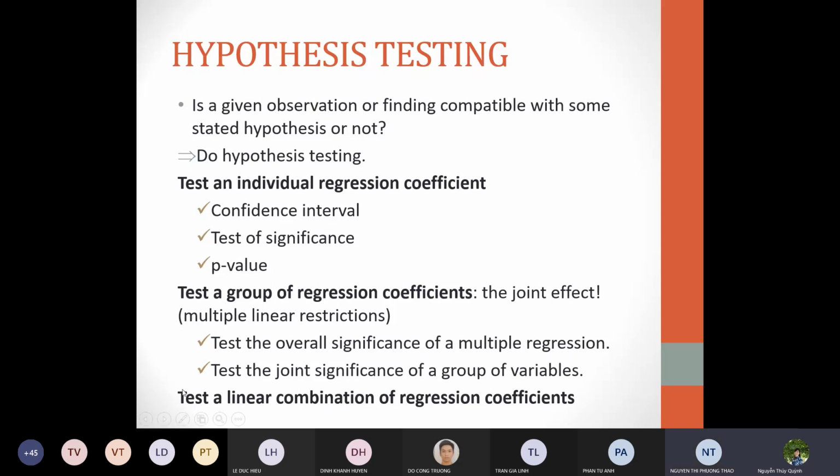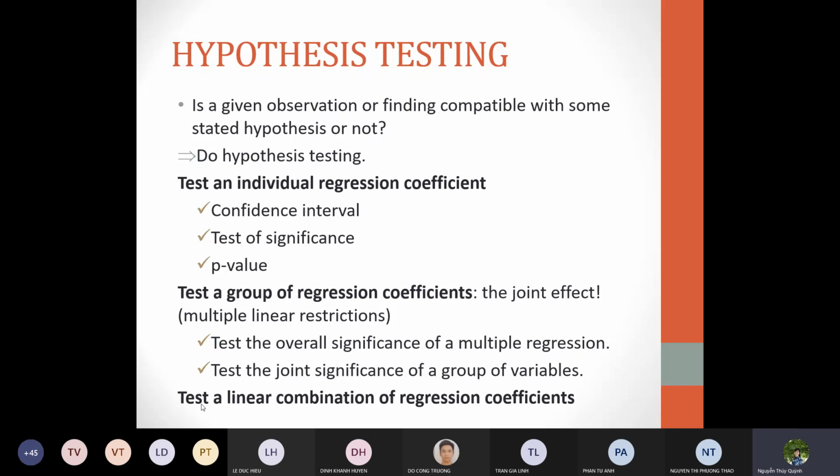Finally, the third test that we study in this chapter is the test of a linear combination of the regression coefficients. Although this test involves more than one regression coefficient, it is not the multiple linear restriction test. It is a one-restriction test, but we are testing a linear combination of the regression coefficients.